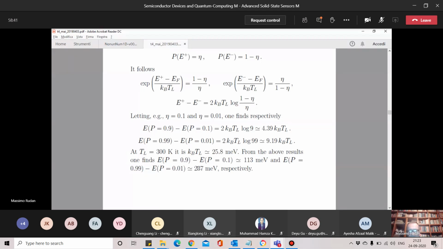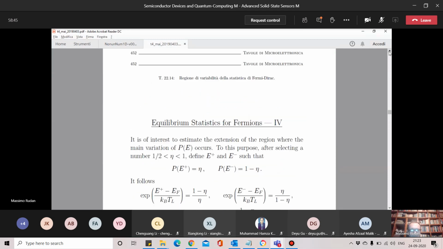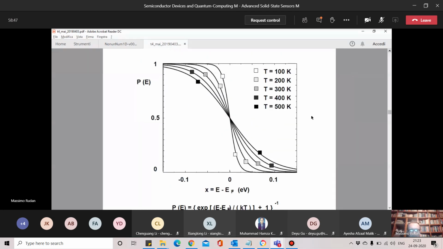Remember, the Fermi level is the value of energy in which the Fermi statistics takes the value equal to 1/2. So it goes from almost 1 to almost 0 in a small interval of energies around the Fermi level.